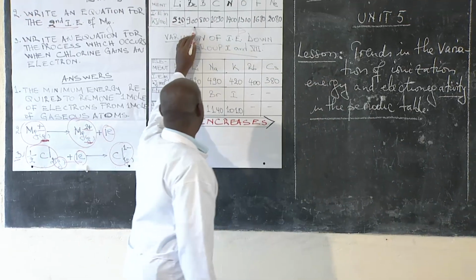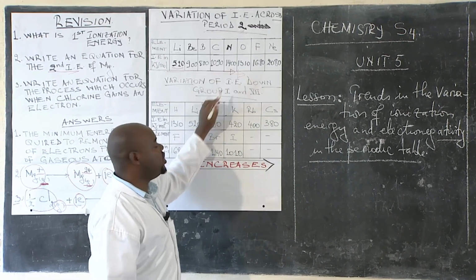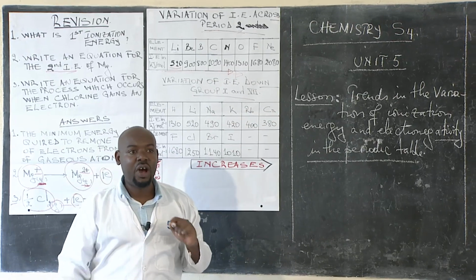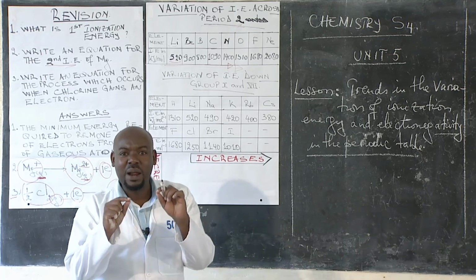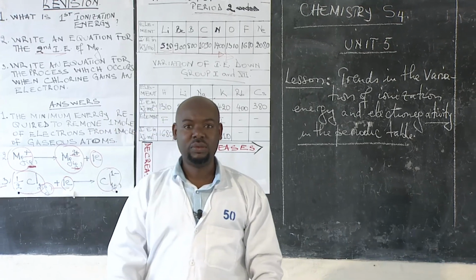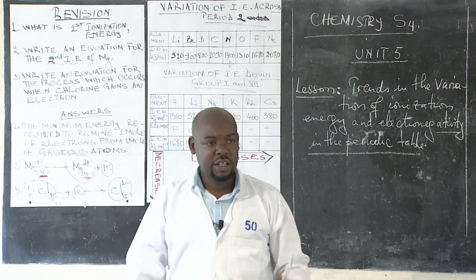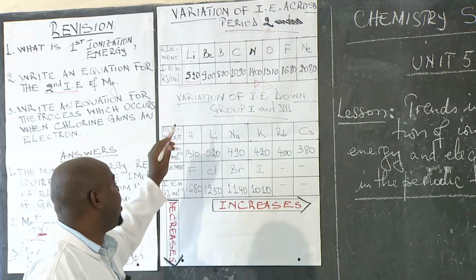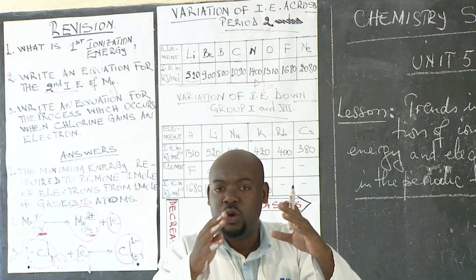Look here, please. We are saying that generally the ionization energy increases as we move across the period. But some elements are exceptional. Where do you see an exceptional value? In the periodic table, there are some groups where we will have some exceptional values.